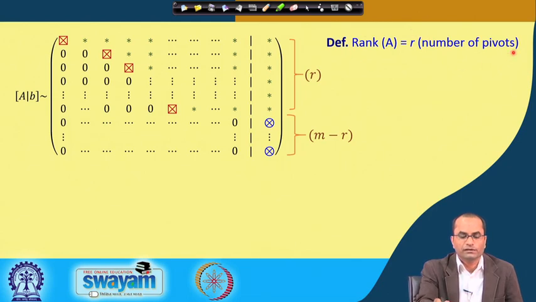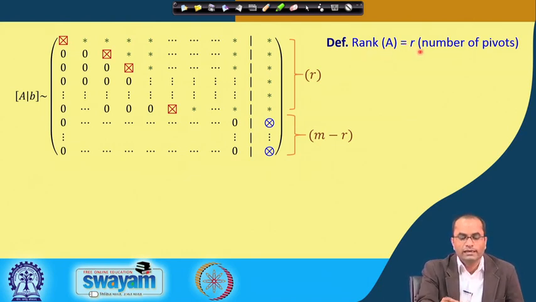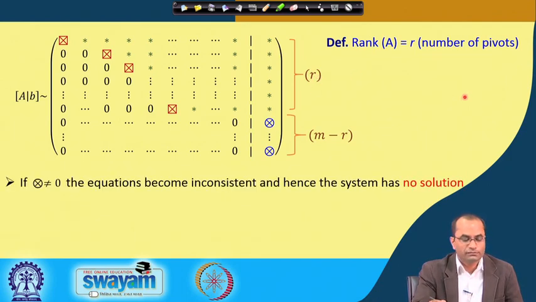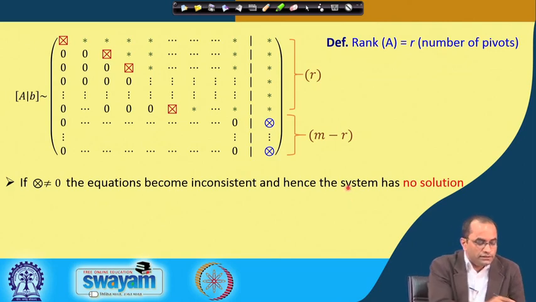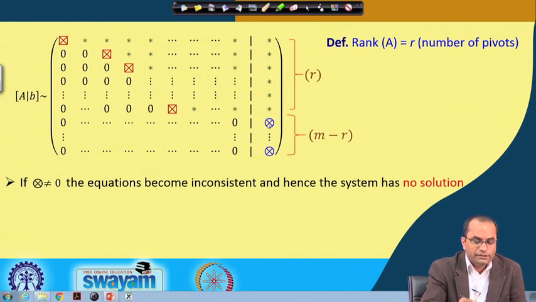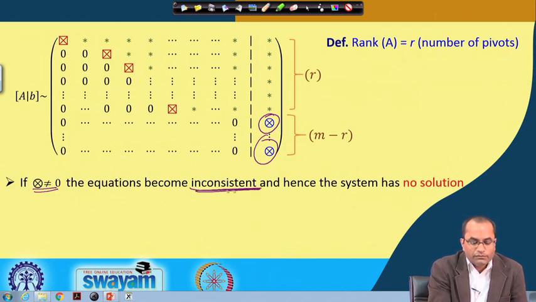So, with this definition we go ahead, and later on we will be talking more about this rank. If we say that the rank A is equal to this number r, the number of pivots in our augmented matrix, then we can identify so many things from this augmented matrix. The first is that if these elements here in these 0 rows are not equal to 0, then the equations become inconsistent.